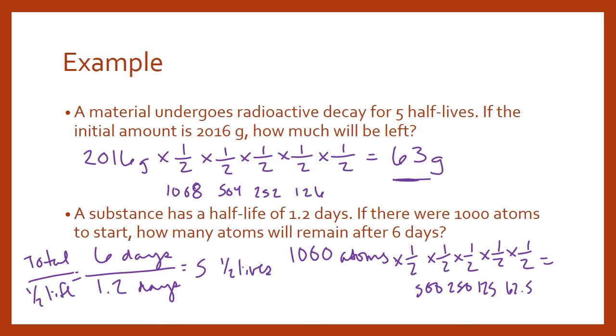And then finally, 62.5 times a half gets me 31.25, and these are atoms. I can't have a part of an atom, so I would say I have 31 atoms remaining.